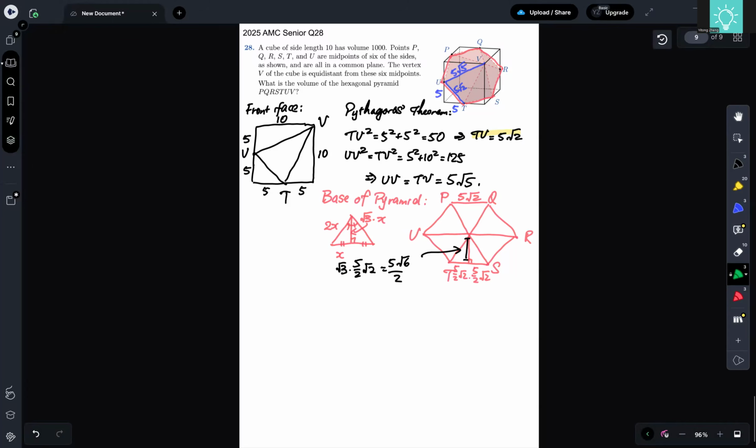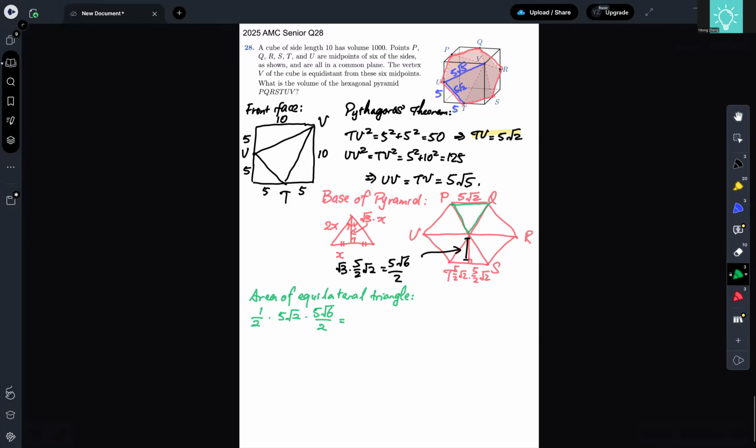Now we're going to look at just one single one of these triangles, okay? So what's the area of the equilateral triangle? Well, that's half times base times height. So half times the base, which is 5 root 2, times the height, which is 5 root 6 on 2.